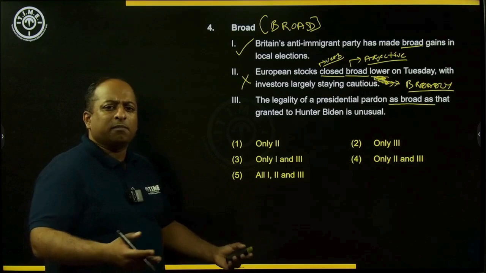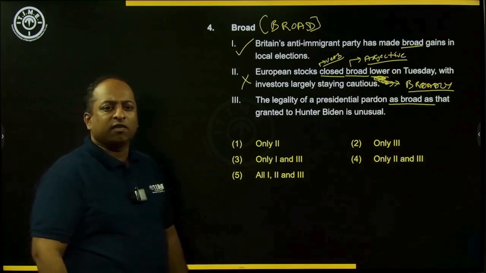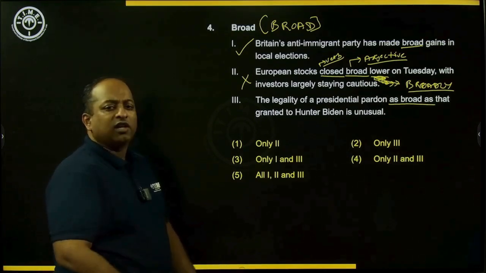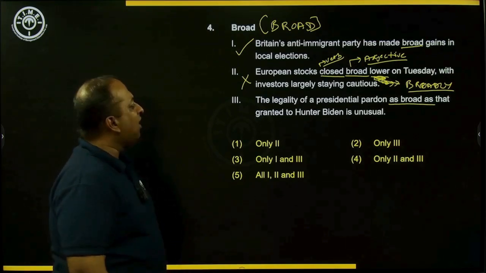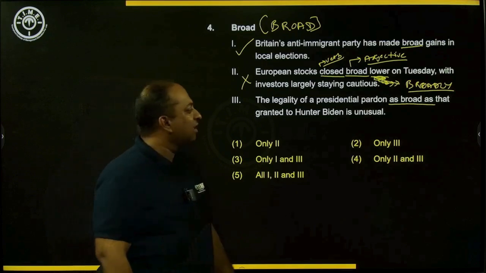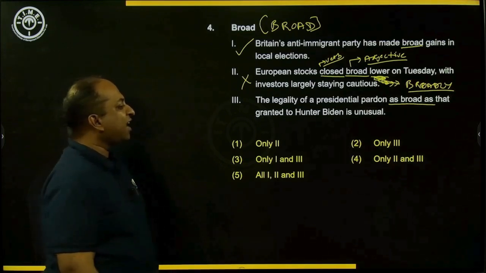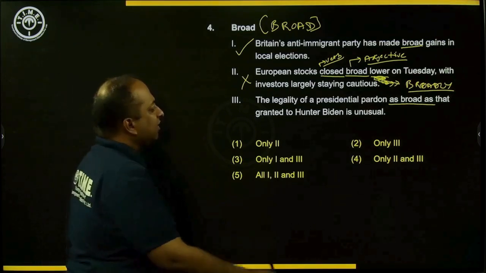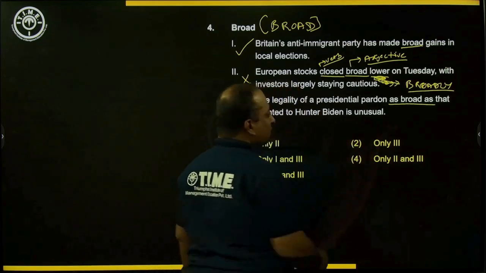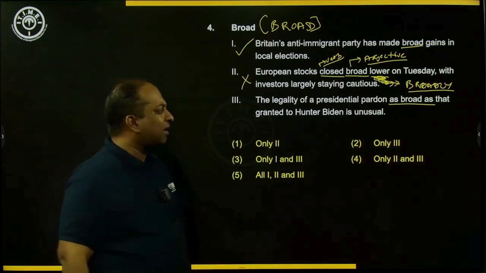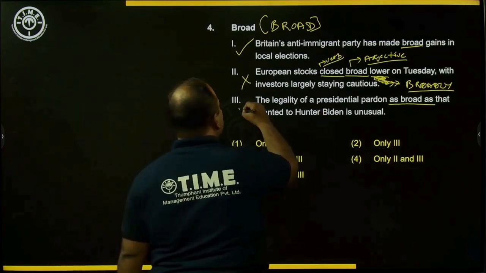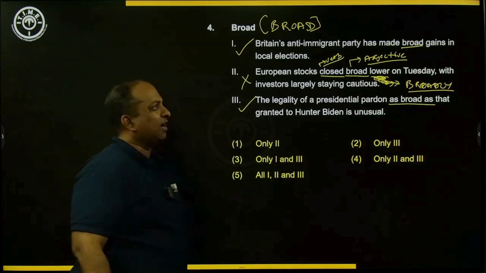President Biden was the president of the United States of America before Donald Trump's second term. The phrase as broad as defines the scope of the pardon, the range of the pardon which was given. So it is used in the right way. So this statement is also correct.